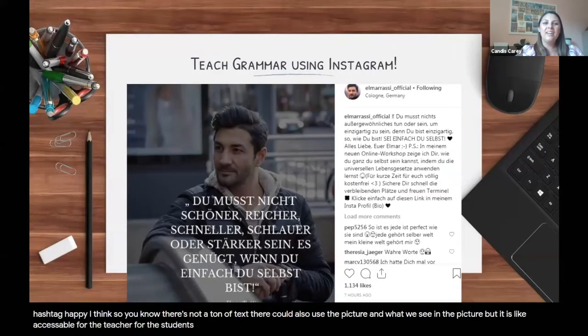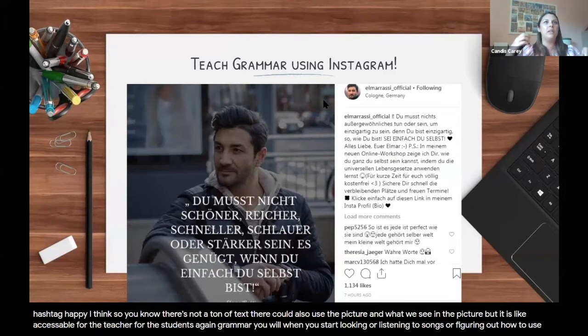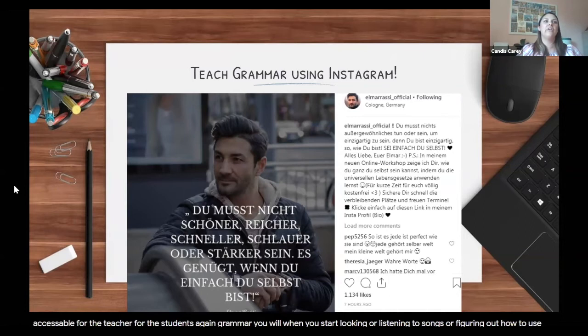Okay. And grammar, when you start looking or listening to songs or figuring out how to use authentic materials, you will be listening to something or looking at something and be like, oh my gosh, I could use this for comparative and superlative. Oh my gosh, I could use this for subjunctive, to have a discussion based on. This is great right here.